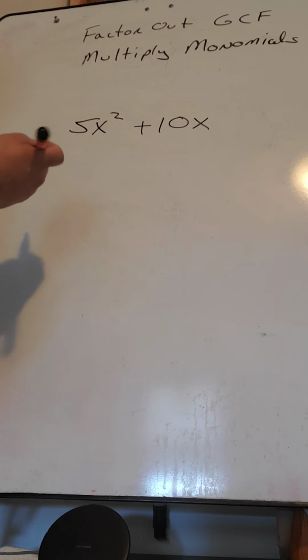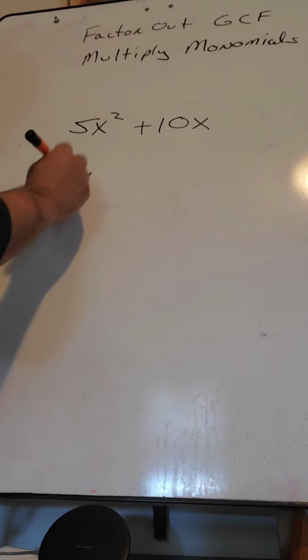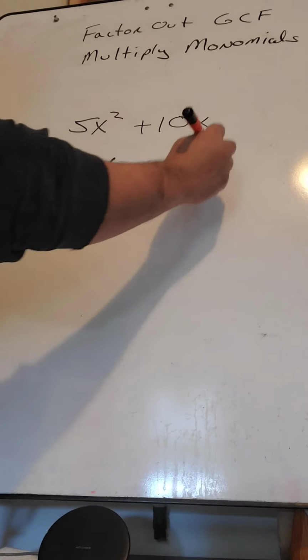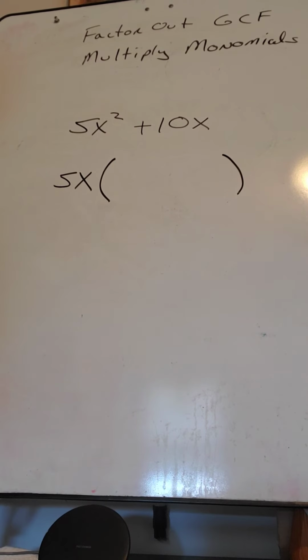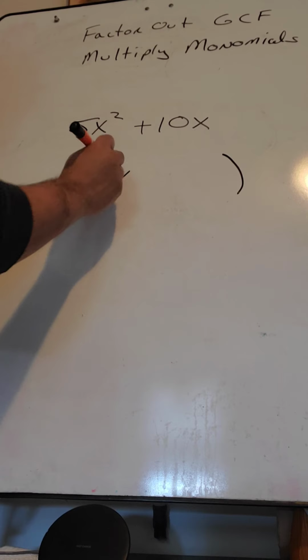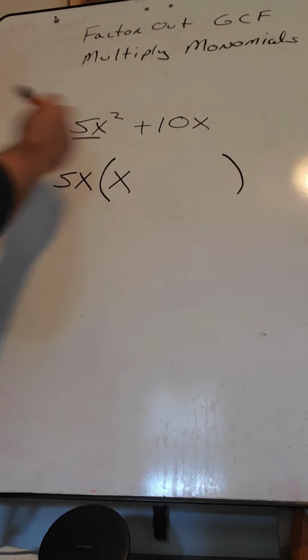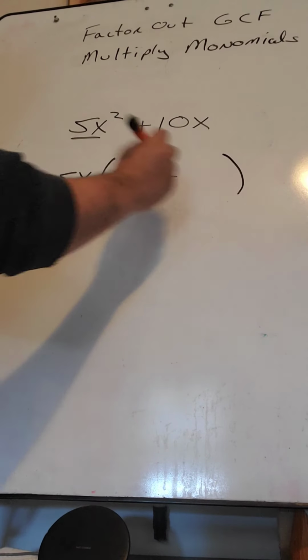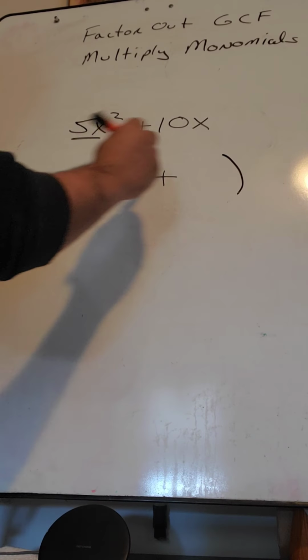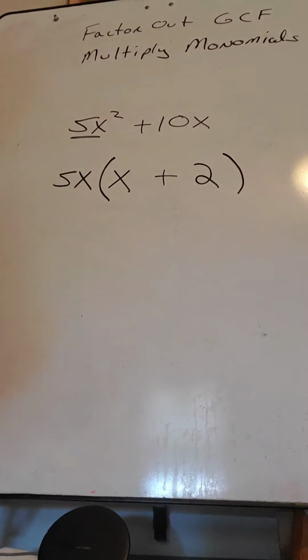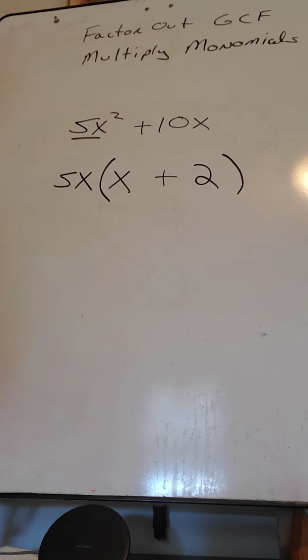So when we factored it out, you figured out that the greatest common factor of this binomial would be 5x. And then inside of the parentheses, you would still have an x remaining from this term. Include the plus sign, and you would only have a 2 remaining right here.